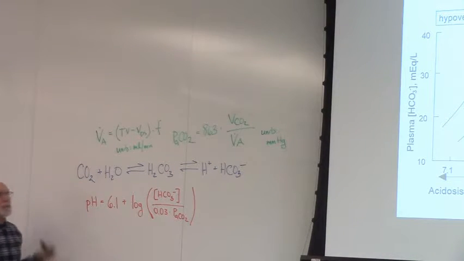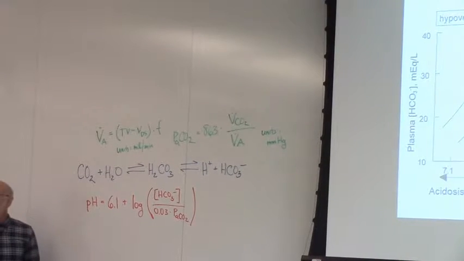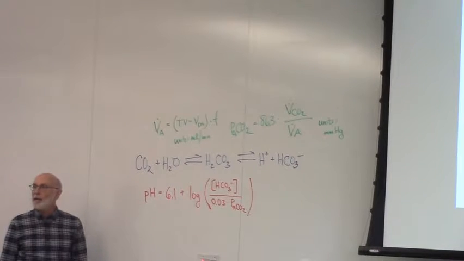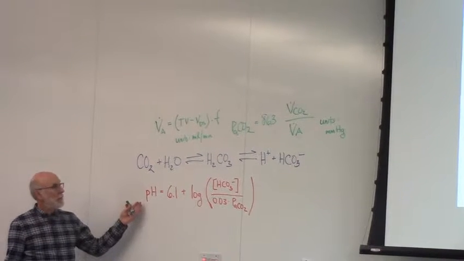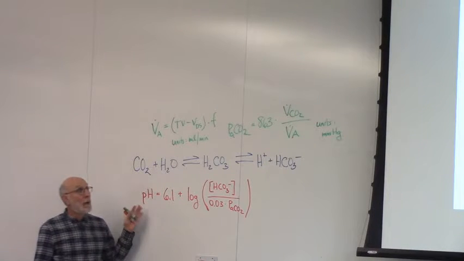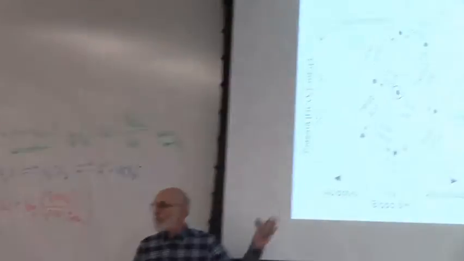And this is just the Henderson-Hasselbalch version of this acid equilibrium. Those of you who have this in biochemistry, I don't need to go into it anymore. It's just the straight up Henderson-Hasselbalch equation. But what we do in respiratory physiology is convert it into this graphic version.